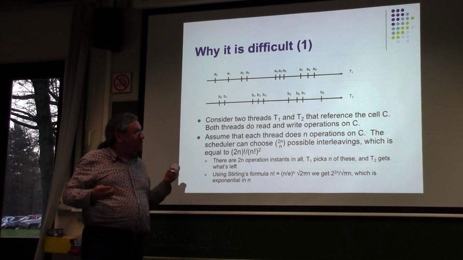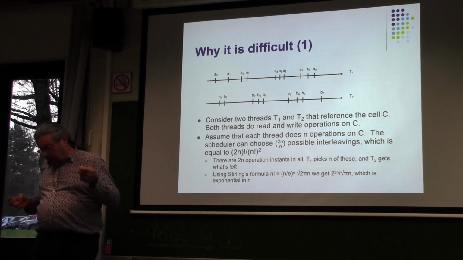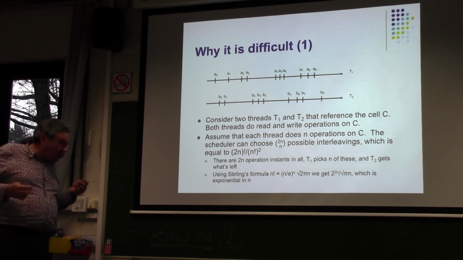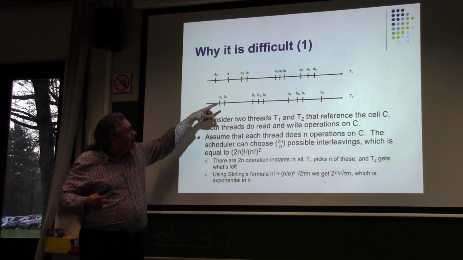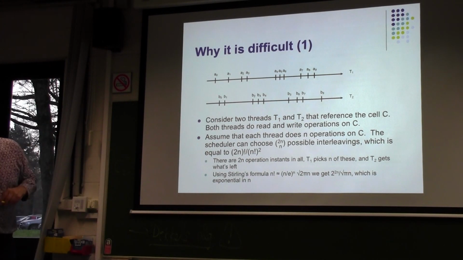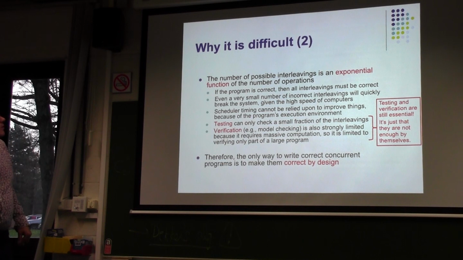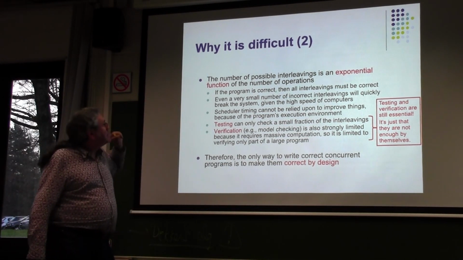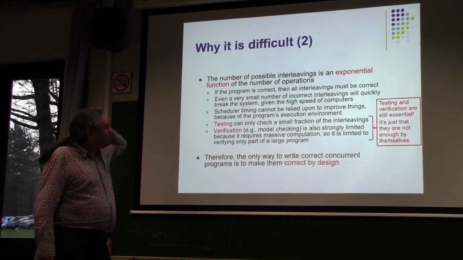It's exponential, and all of them have to be correct. No matter what the scheduler chooses, the program should not be buggy. So how do you write a program where you have an exponential number of schedules that all have to be correct?